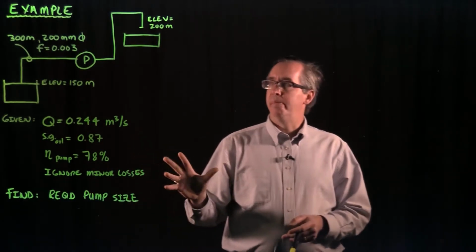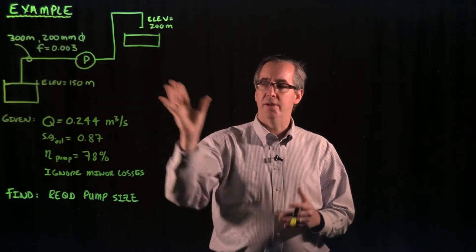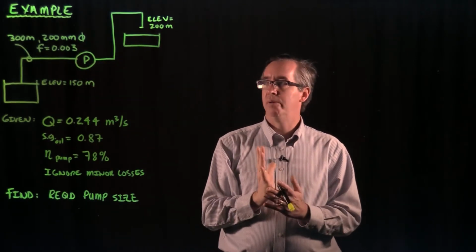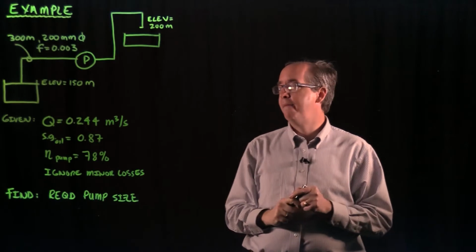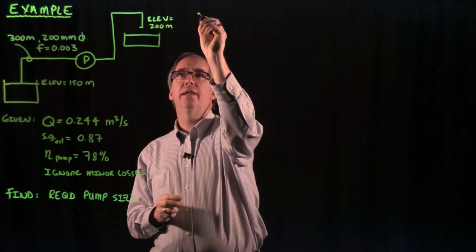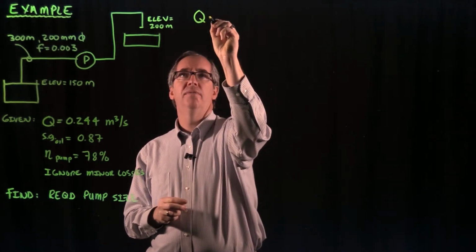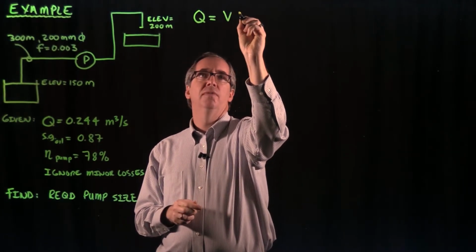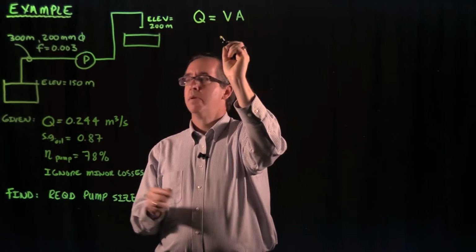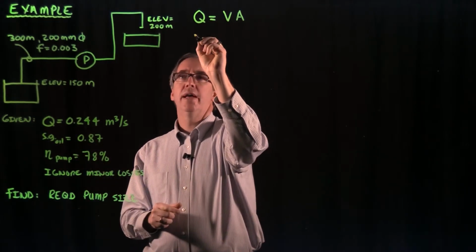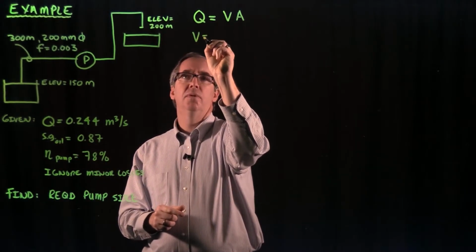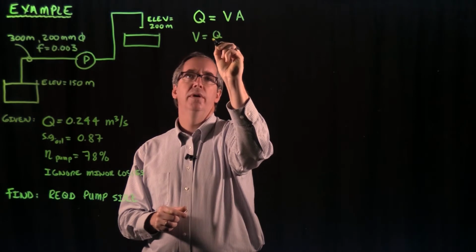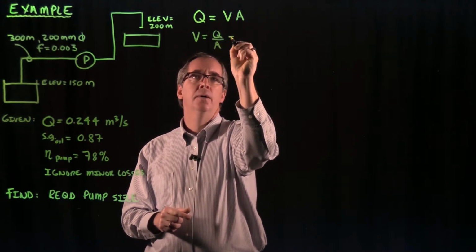Looking at this problem, when I see that there's going to be head losses, I know that I'm going to need a velocity term going through here, so I'm going to go ahead and solve for that. Looking at the continuity equation, conservation of mass, we know that flow is equal to the velocity times the area. So the velocity going through the pipe is going to be the flow over the area, okay?